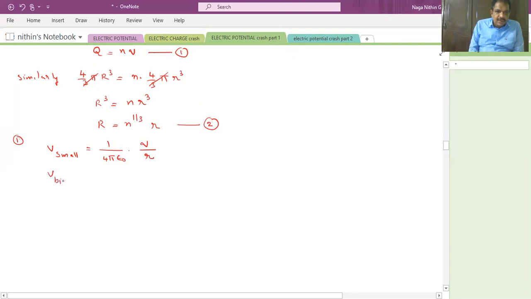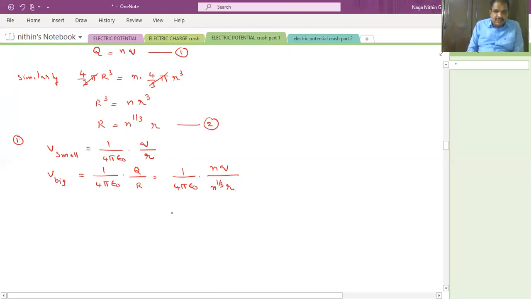The potential of the big drop is equal to 1 by 4 pi epsilon naught capital Q by capital R. In place of capital Q, I am writing n into small q, and in place of capital R, I am writing n power 1 by 3 into small r.